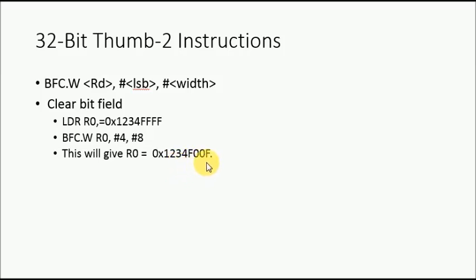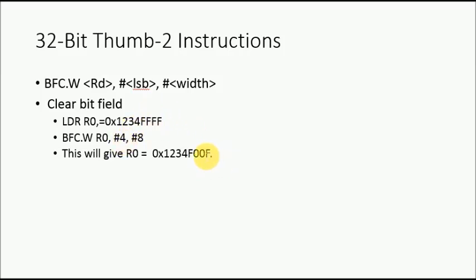Now this instruction is going to clear the bits specified in the instruction. So the LSB starts from the D0 position. Width is 8-bit. So 00, this is 4-bit, this is 4-bit, total becomes 8-bit, and the starting bit is D4.